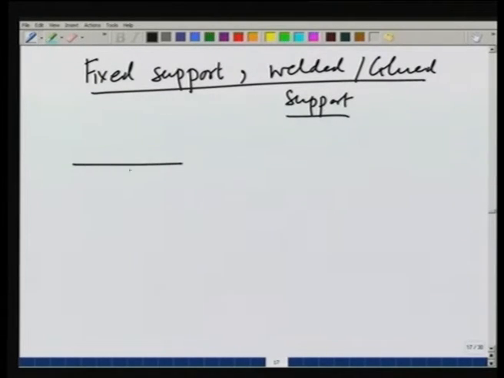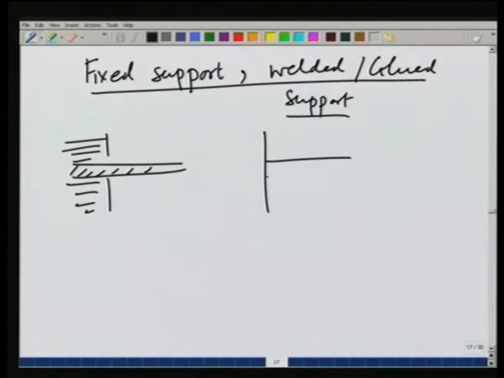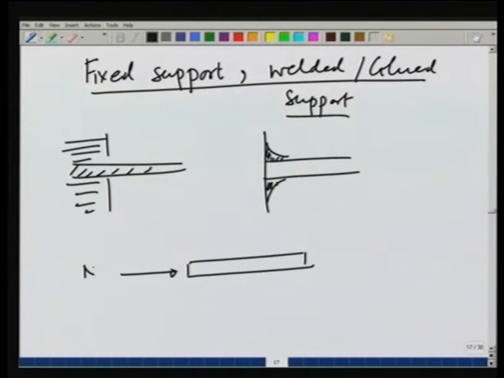It was a support that was either built in a wall or it was something that was welded or glued here. And these supports could provide a force in x direction, in y direction, as well as a torque tau.